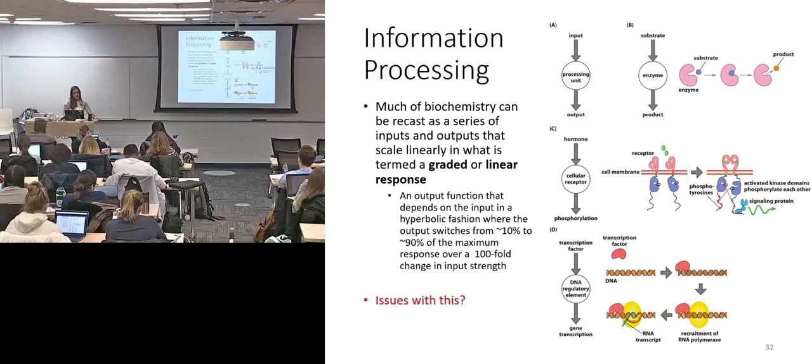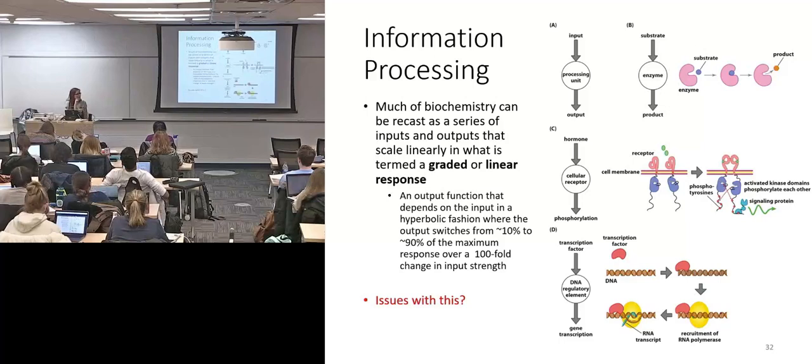Can you think of any issues with the one-to-one case where switching from 10 to 90% happens over a 100-fold change in the concentration of your input, or the concentration of your hormone, your substrate, your transcription factor?